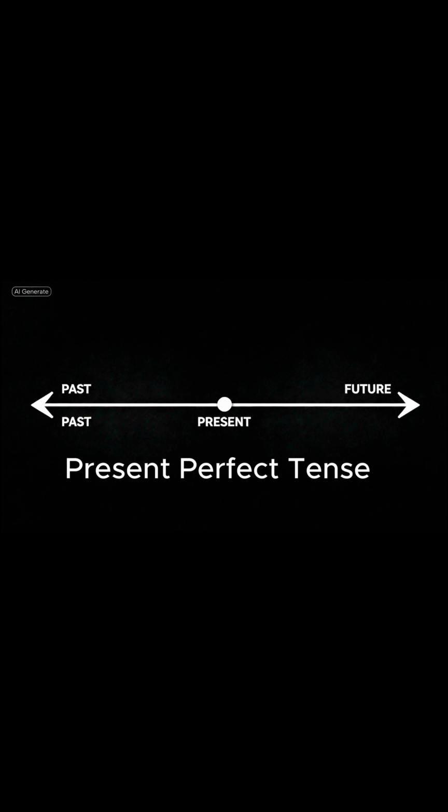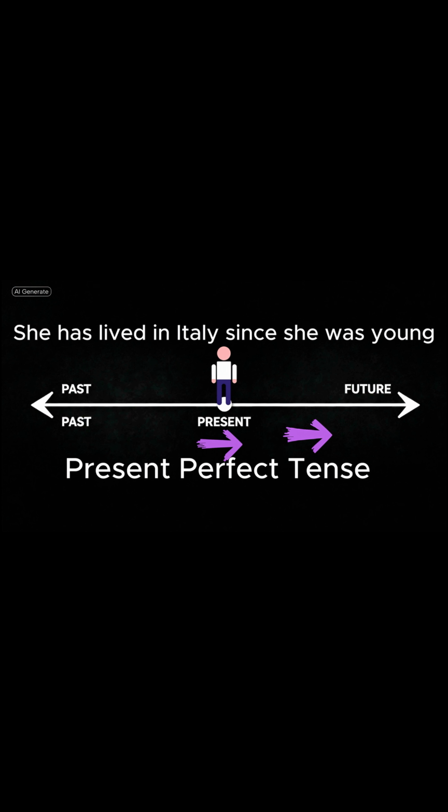She has lived in Italy since she was young. Action started somewhere in the past, but the time interval is still not closed, it's still open. She's still in Italy. She has lived in Italy since she was young.